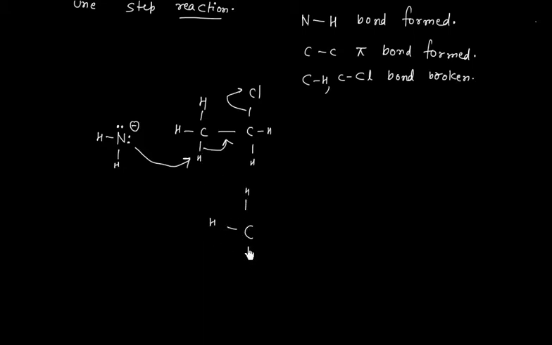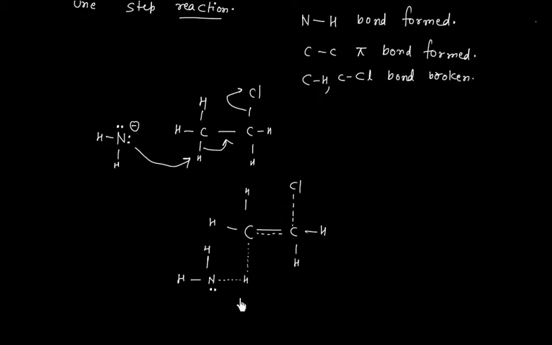This bond is slightly broken, and there is a bond formation between nitrogen and hydrogen. One lone pair is used in bond formation. We will have still one lone pair. This carbon-carbon bond, a pi bond, starts forming. And this carbon-chlorine bond is slightly broken.